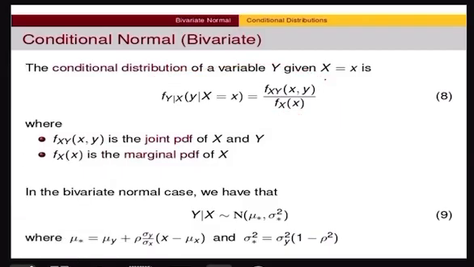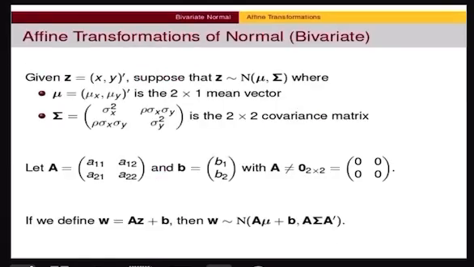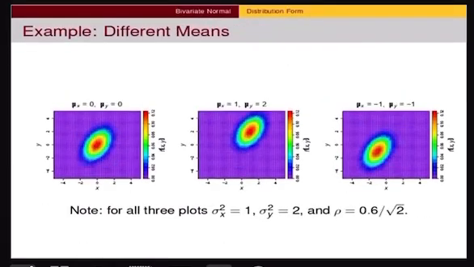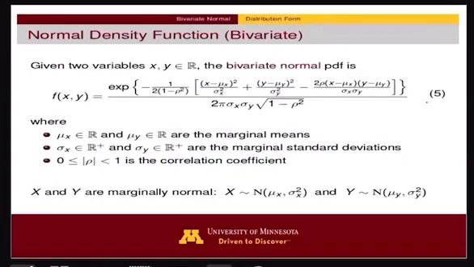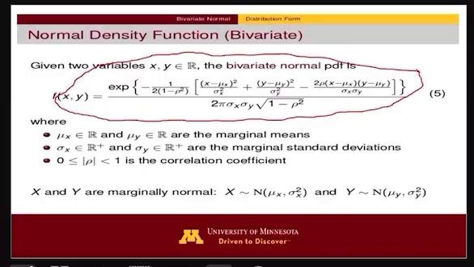Please pay attention. This is very useful in the research world. If I put the bivariate density here, you know the bivariate density? I'm going to show you now. Yeah, this guy. The whole of that is the joint f of x,y, right?